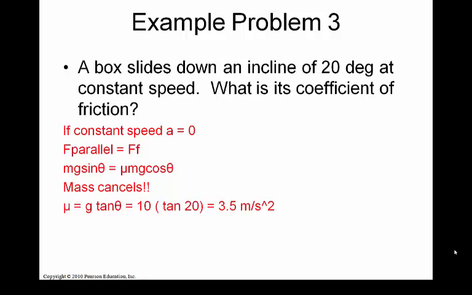So mg sine theta must be equal to mu mg cosine theta. The masses cancel out, and mu equals tan theta, or tan of 20, which is 0.36.